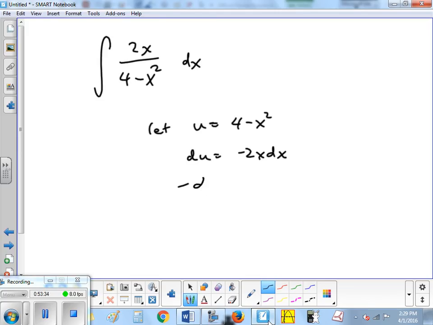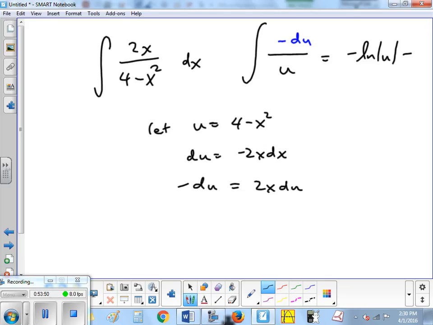And in fact, besides the negative, really your whole numerator is du. So that top is just negative du. And the bottom is just u. So we end up with negative ln absolute value of u. And then we can plug in our 4 minus x squared. Okay, so this one's pretty straightforward.